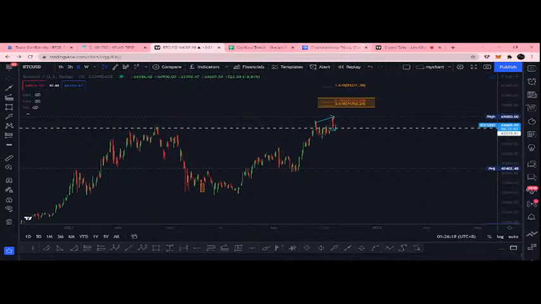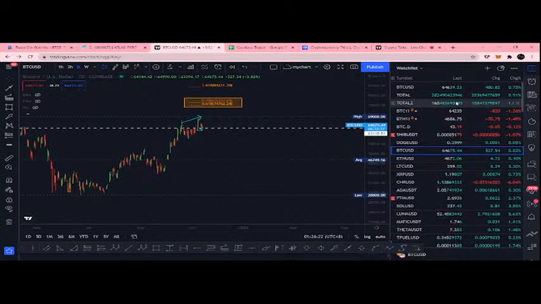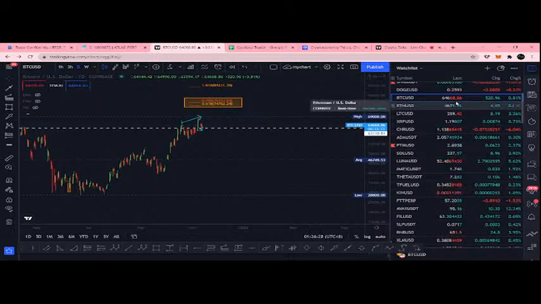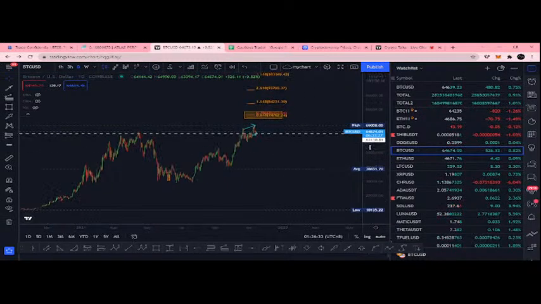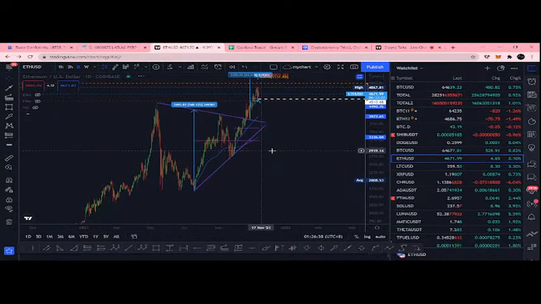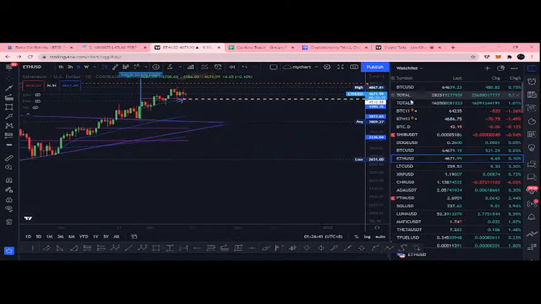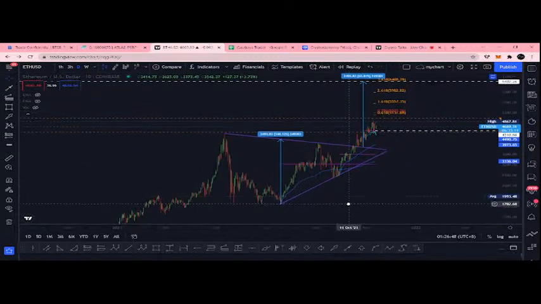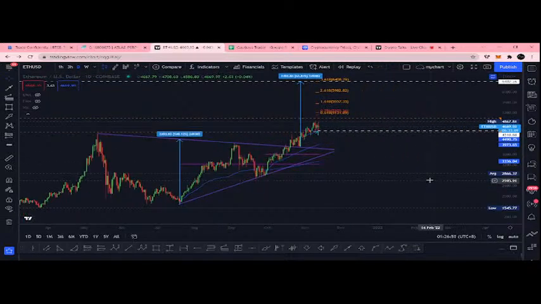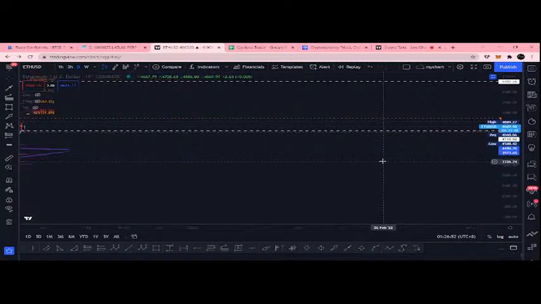So maybe let's try to look at the rest. What else? Maybe let's look at Ethereum. Though my target for Ethereum is at 6,400, actually my TP is at 5,000.